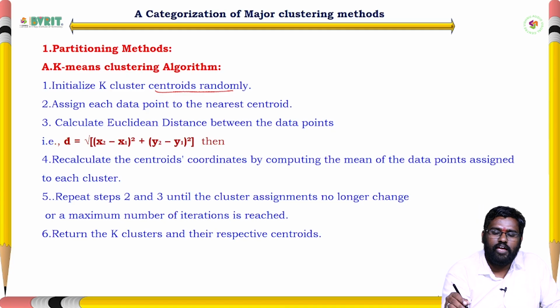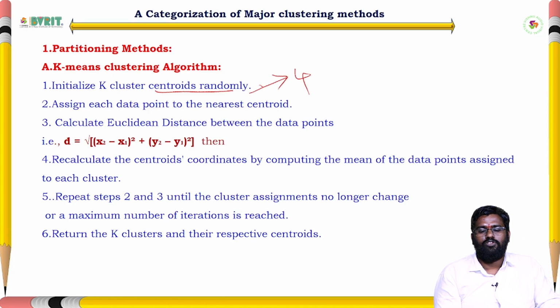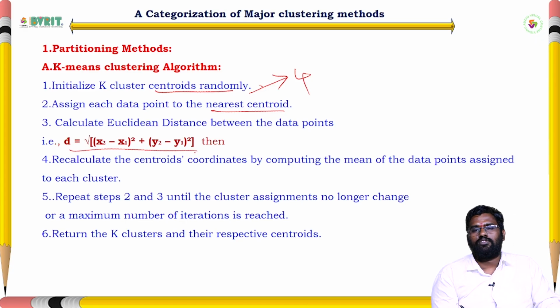For example, the cluster centroid points we are taking are 4. For each data point, we need to find the nearest centroid point. How do we calculate it? Based on the Euclidean distance: square root of (x2 minus x1) whole square plus (y2 minus y1) whole square.